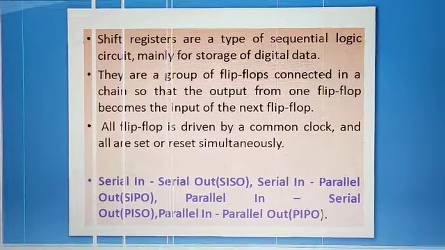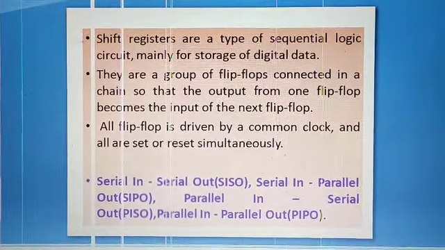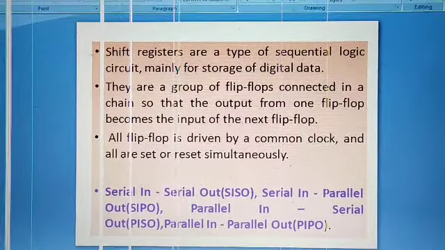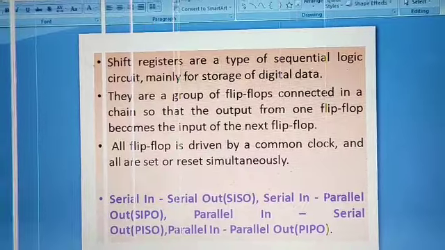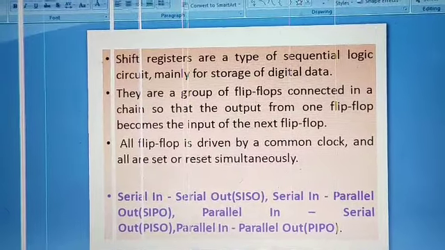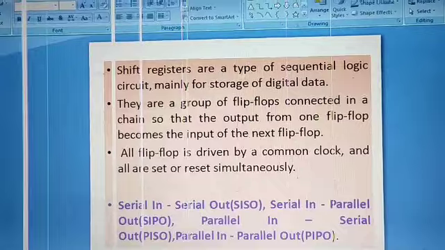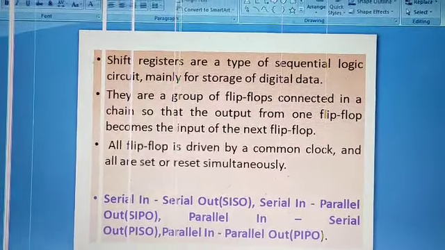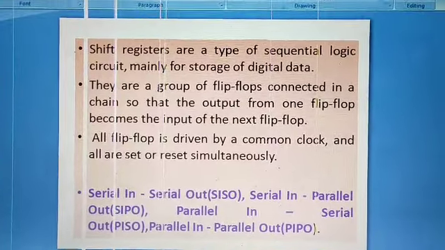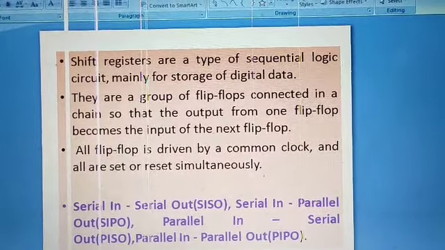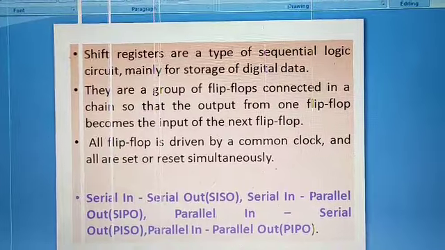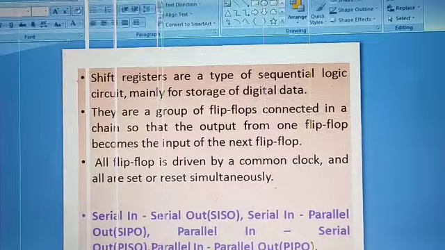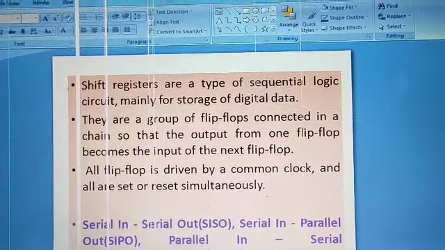As I told you in the previous case, if you want to store 8-bit information, you have to make 8 D flip-flops, and from one flip-flop the data can be transferred to the other. In that way it can be used for transferring or shifting of the data also. That is why I call it a shift register. So shift registers are a sequential logic circuit which can be used for storing digital data, and also for transferring digital information.